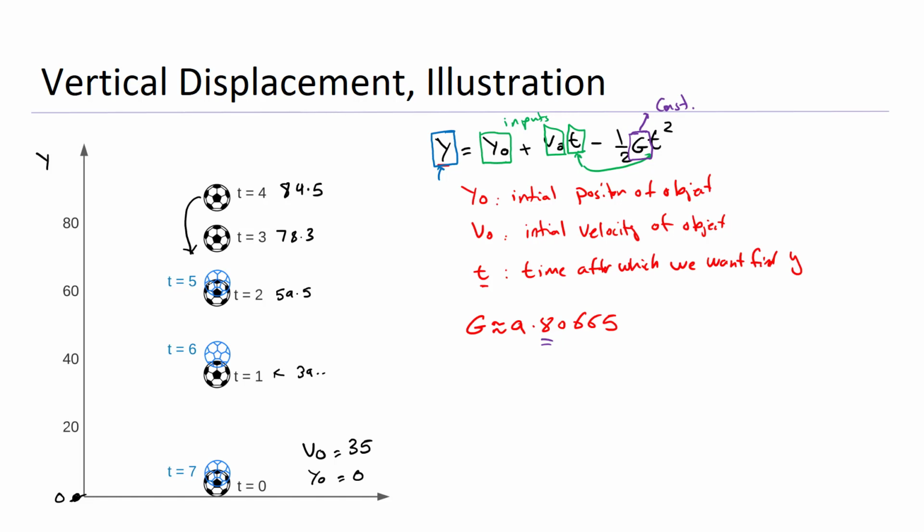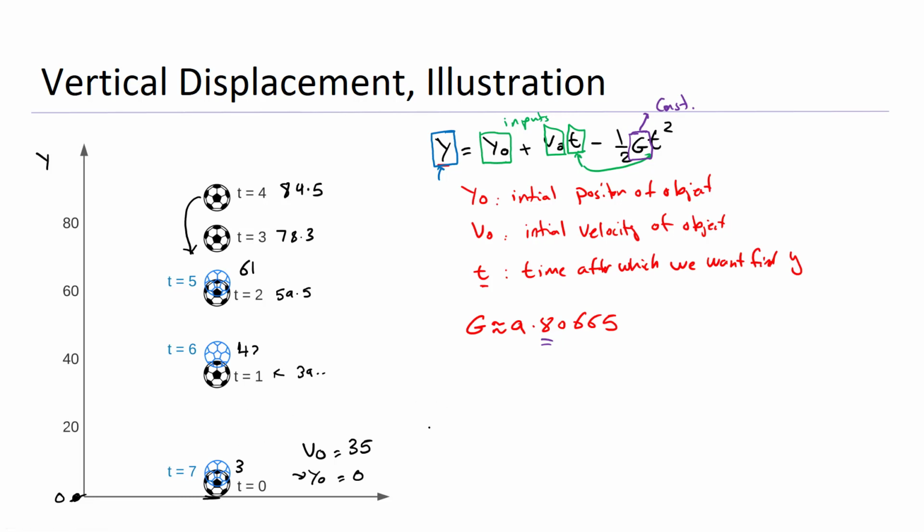So after 5 seconds it's close to 61, and after 6 seconds it's about 42, and after 7 seconds it's near the ground, so it is about 3 meters high, and before the time becomes 8 seconds, it's going to hit the ground, so the height again is going to be 0.